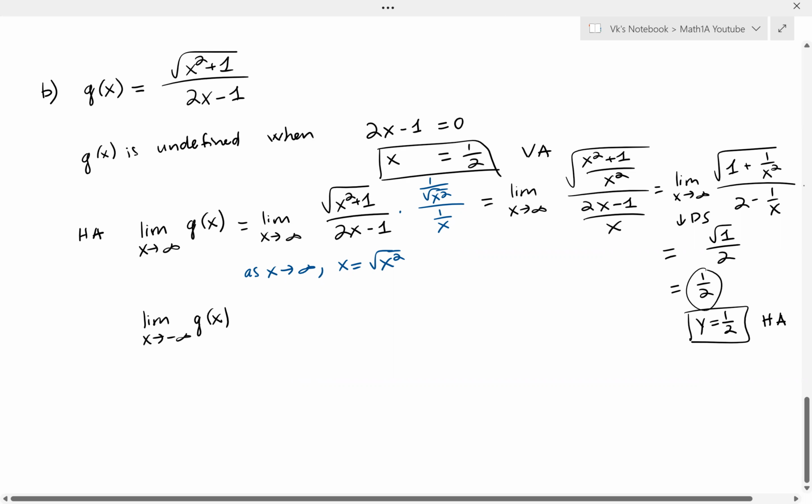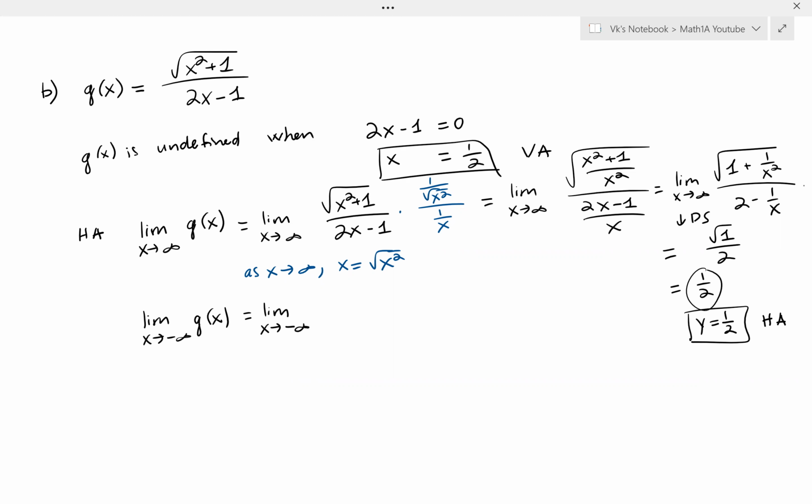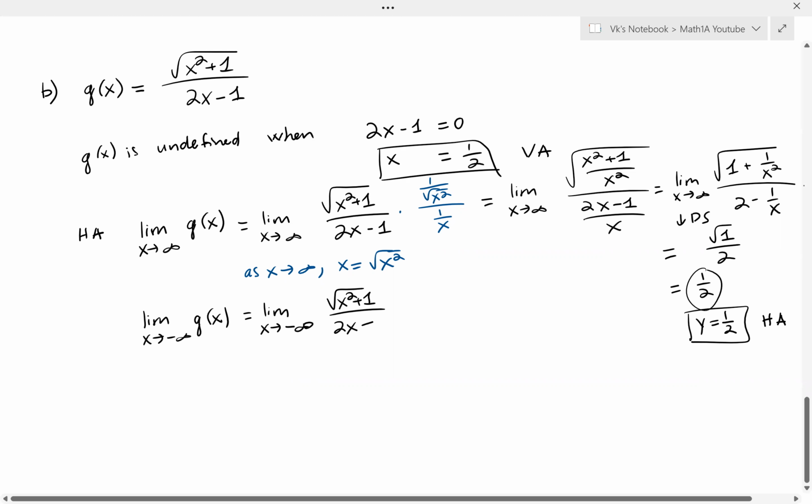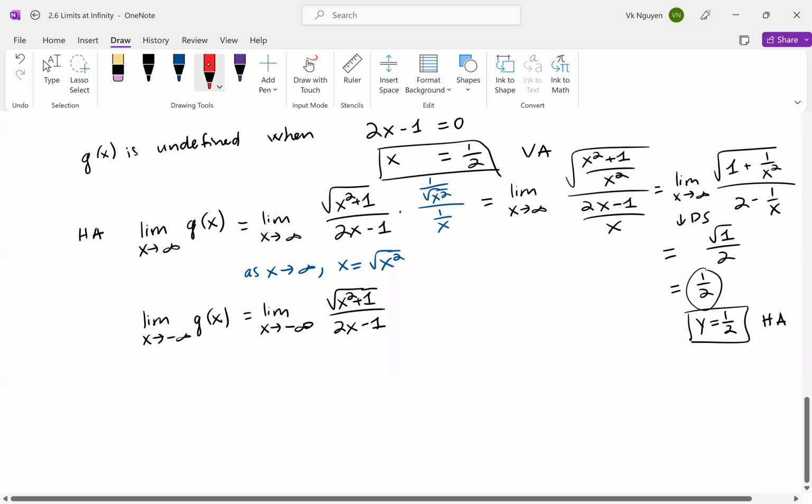So now let's take a look at the limit as x approaches negative infinity of g(x). Limit as x goes to negative infinity of the square root of (x squared plus 1) over (2x minus 1). And for this one, it's a little bit different though.